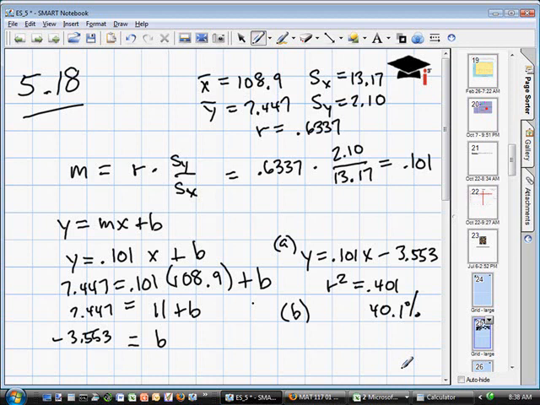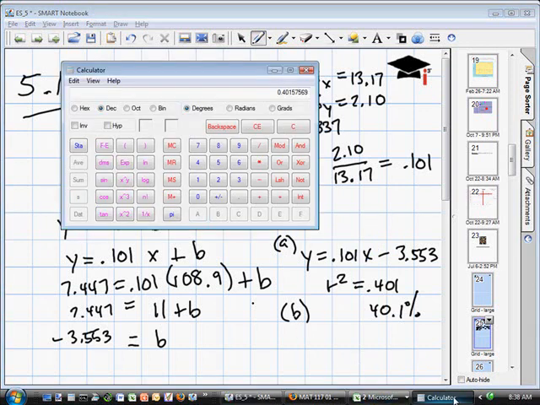Well, let's use the equation and find out. So what we're going to do is take 103, plug it in right here, and let's see what we get. Again, let's pull up our calculator. 0.101 times, what was it, 103? And then we want to subtract 3.553. Boy, something doesn't look right.